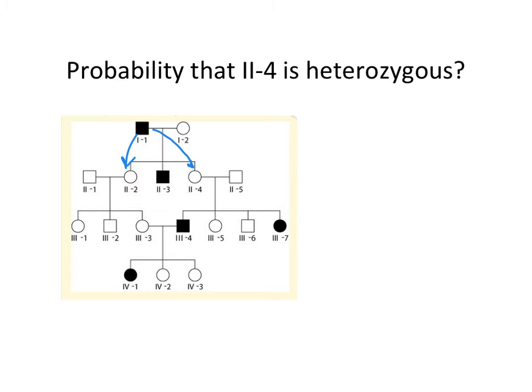Absolutely. We don't have to do a chi-square test, we don't have to do a Punnett square. We've already decided that individual's genotype, because if individual 2-4 was not heterozygous, there would be no way to have affected offspring, assuming this is a recessive trait. So 100% probability that this individual is heterozygous.